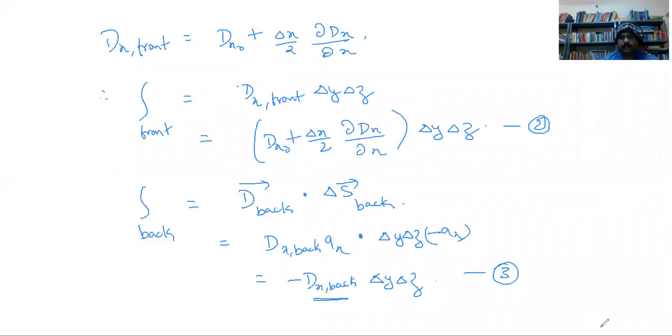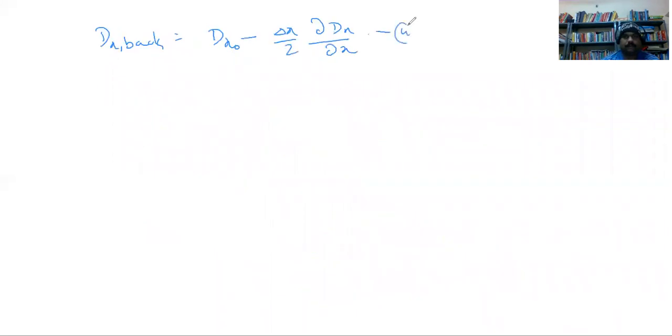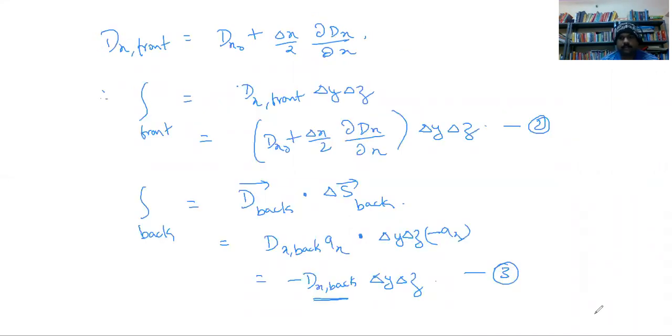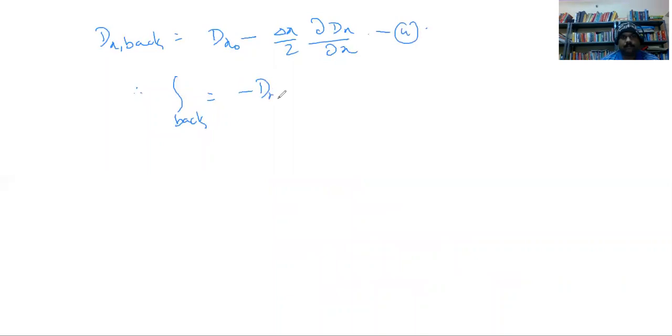So this becomes equation 4. Therefore, the back integral is nothing but minus Dx back delta y delta z.